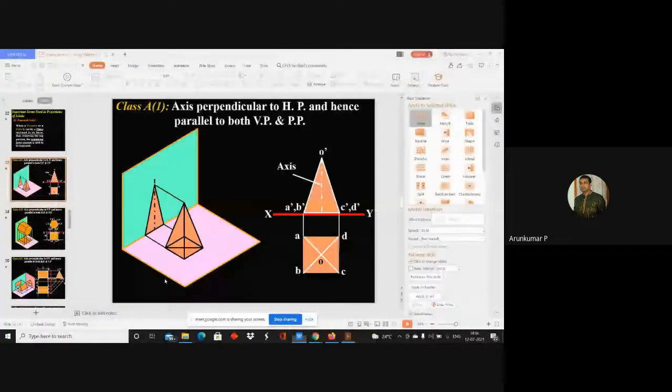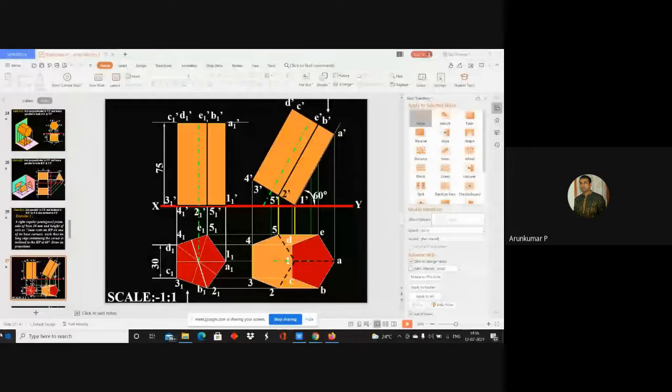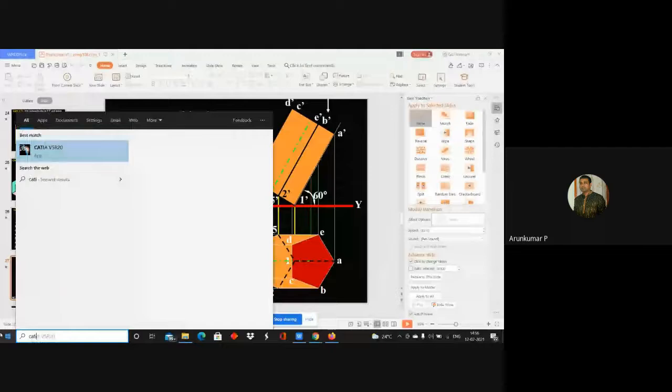So I think what we'll do now is I'll just check whether I have CATIA installed here. Yeah.